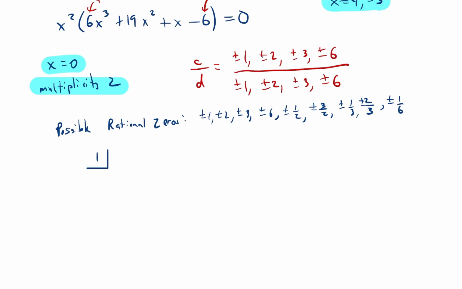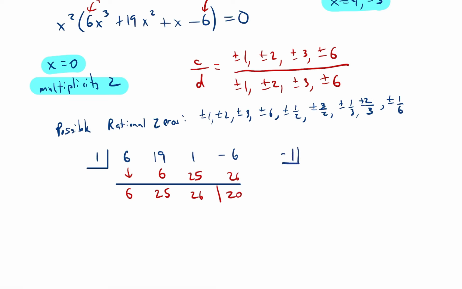So let's hope to get a 0 remainder. I'm going to start with 1. The coefficients are 6, 19, 1, -6. Let's bring down the first term. Let's make sure there's no missing terms. 3, 2, 1, 0. All right, multiply, we get 6. Add, we get 25, multiply 25, add 26, multiply 26, and as you can see, this is not remainder 0.